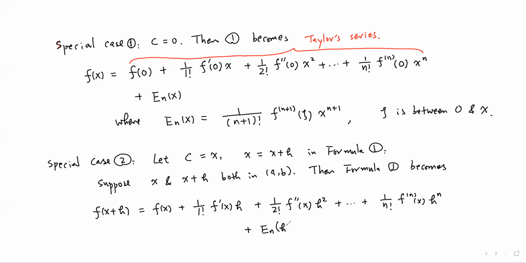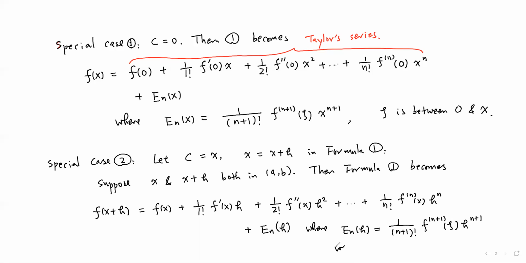So according to the book, write the error term E_n(h), where E_n(h) is 1 over (n plus 1) factorial, times the (n plus 1)th derivative evaluated at some point xi, then times (x minus c) to the n plus 1. Now x minus c is h, so h to the n plus 1.